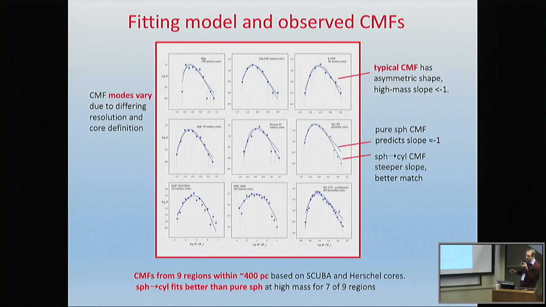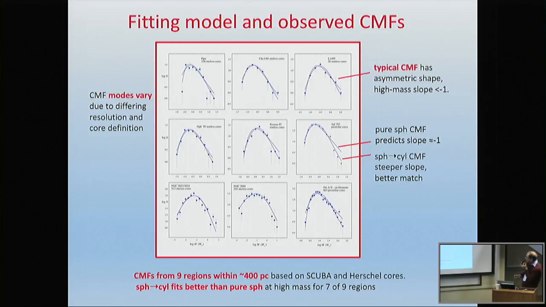They have that asymmetry, a steep rise on the low mass side and a fall off on the high mass side. And typically, that slope on the high mass side is not -1, it's steeper than -1. As you can see very clearly here in the case of the Aquila, this is the -1, which would be fit by pure spherical Bondi, and this is a slope that's more like -1.5 that was better fit by this two-step process.